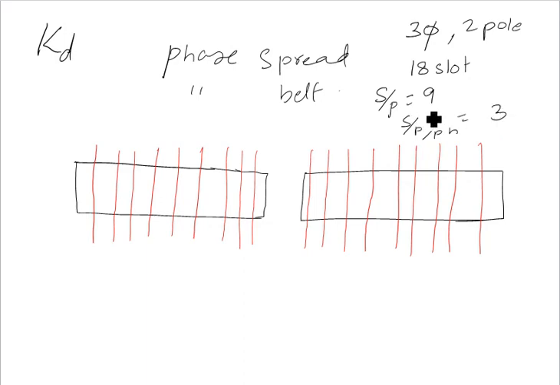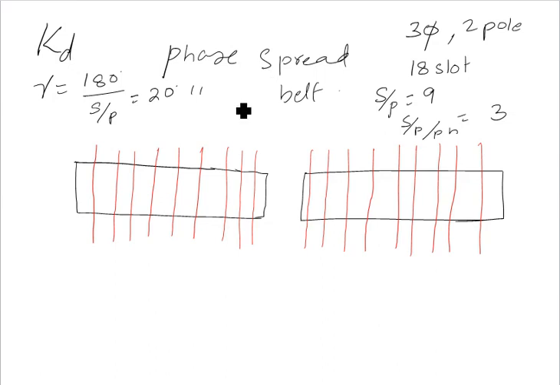Then there was one more term, your slot angle. Slot angle was decided by 180 degrees divided by slots per pole, and if you put in this value, it will be 20 degrees, right? So this was our whole discussion there.